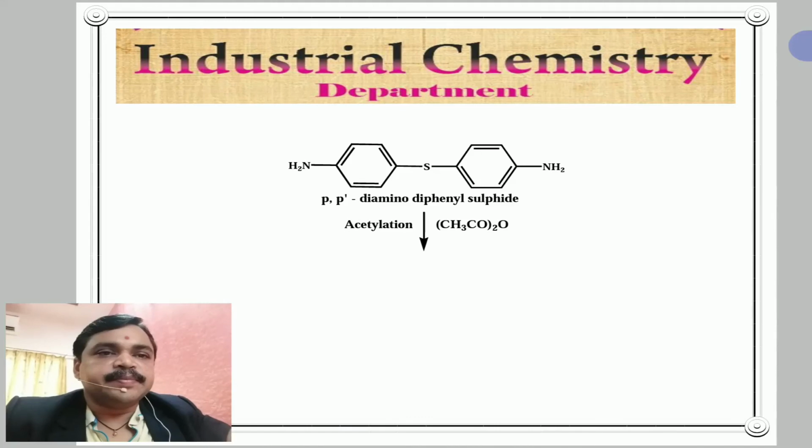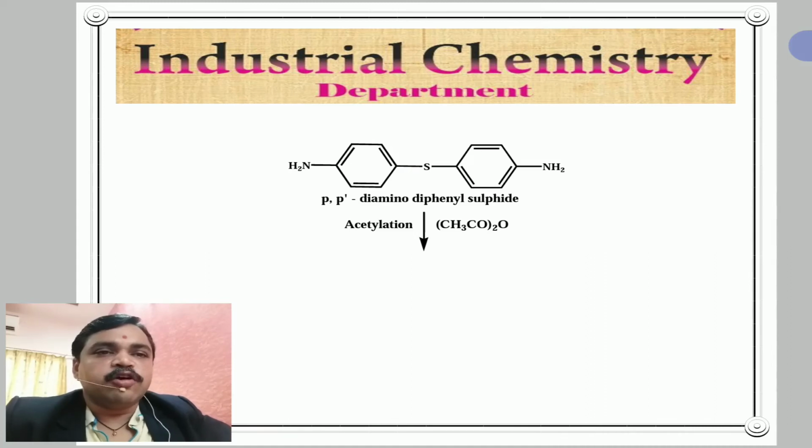In the next step, we treat para-para'-diamino diphenyl sulfide with acetic anhydride. Acetylation process takes place.